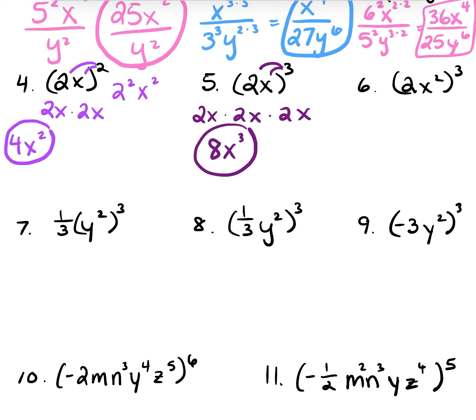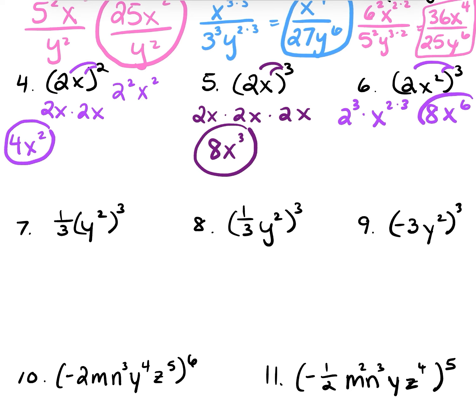Then we have 2x squared to the 3rd power, so a little different than 4 and 5. So for this one, I'm just going to distribute my exponents. 2 cubed times x squared to the 3rd power. When that happens, we're going to multiply our exponents. So I've got 2 cubed is 8, x to the 6th.